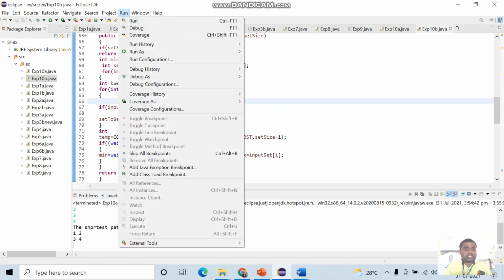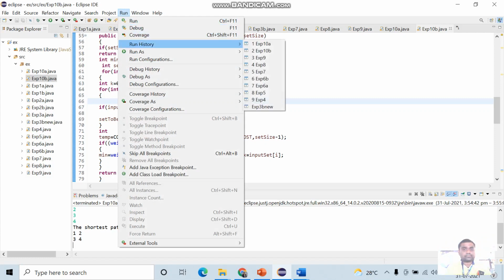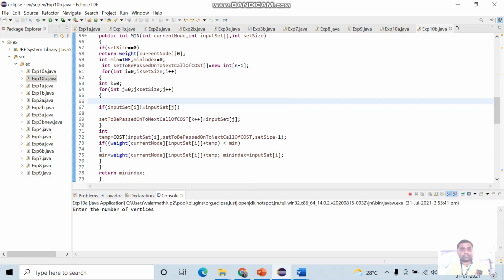I'll execute this. Cost matrix 1 2 2 1. So this is the shortest path matrix for identifying the shortest route from one vertex to another vertex. Thank you.